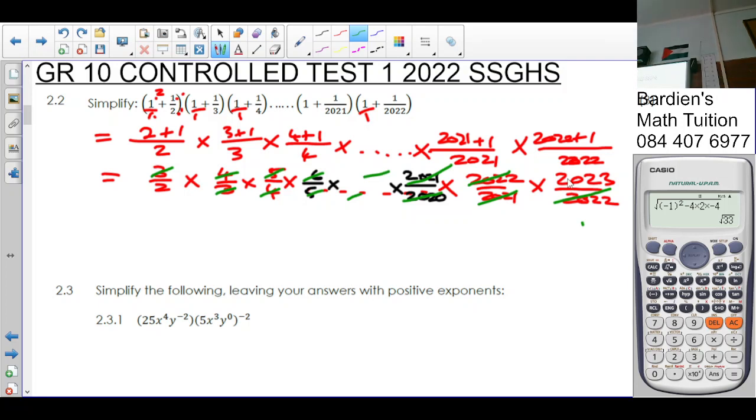So what are we left with? We are left with 2 and 2023. So it's 2023 over 2. 3 marks.